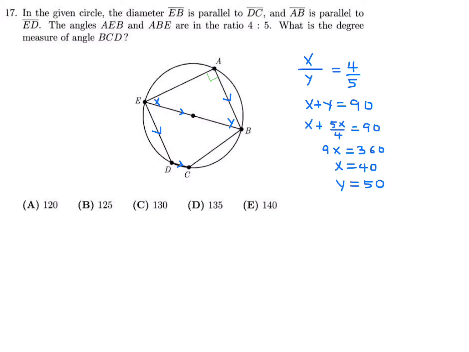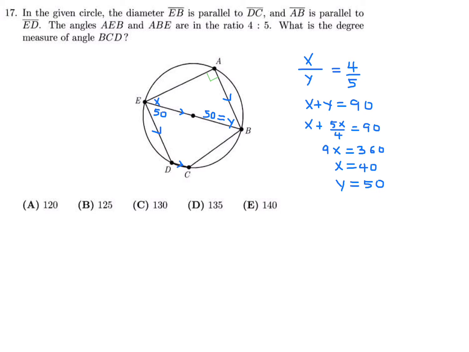Now we have to take into consideration the fact that we have parallel lines that will help us. So if you were to draw this z pattern, this angle is the same as that angle, right? So if this is 50, then that means that this angle in here is 50.